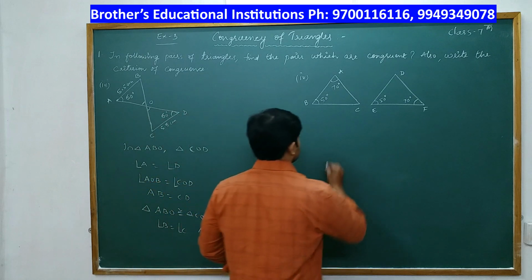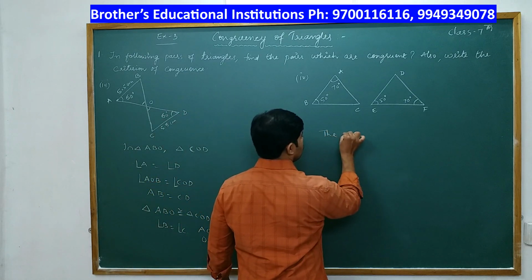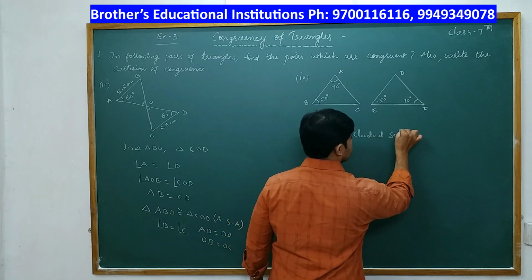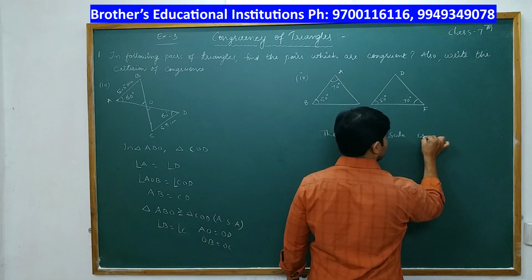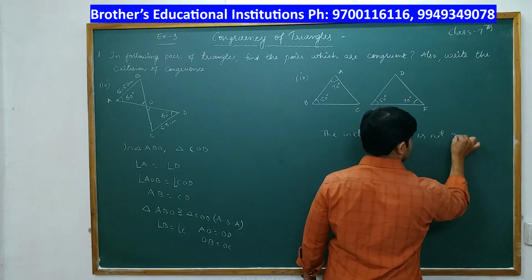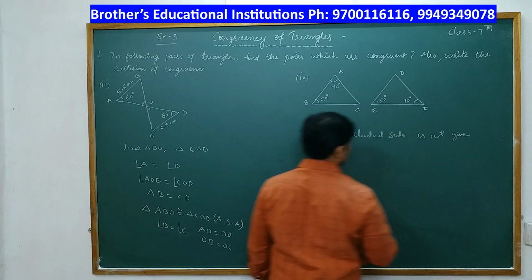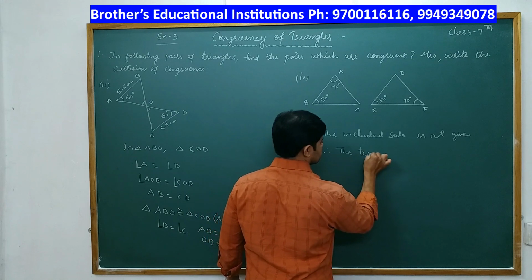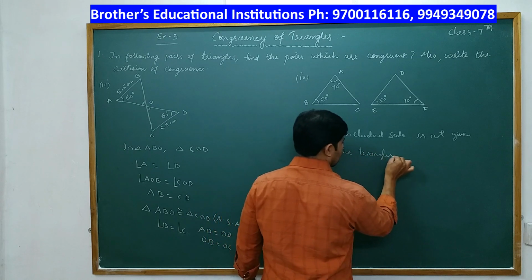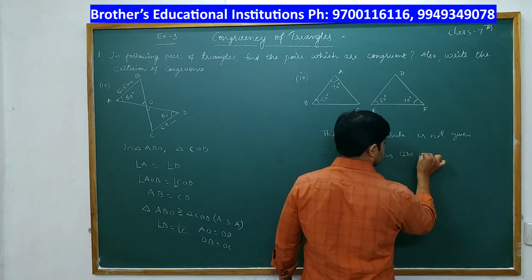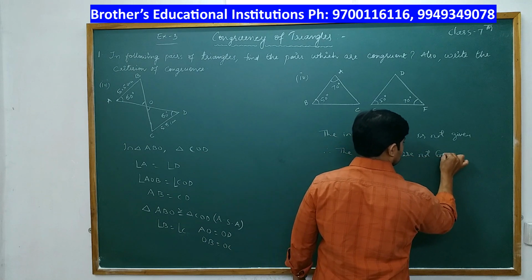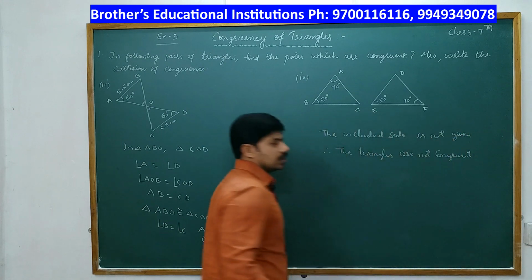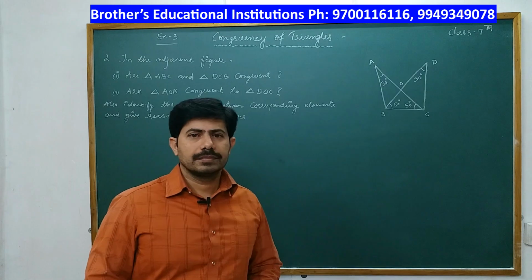That means the included side is not given, therefore the triangles are not congruent, right? So this is completed.